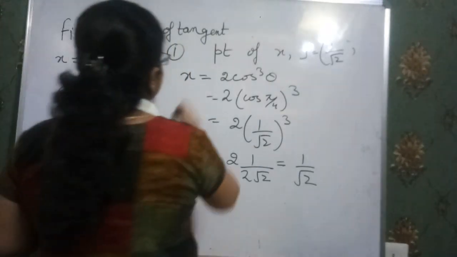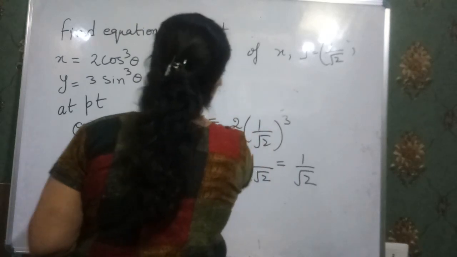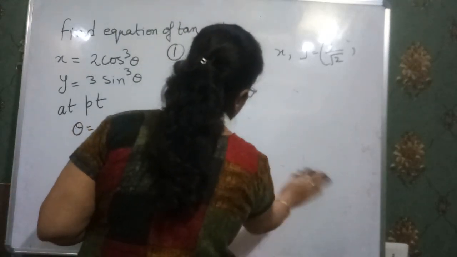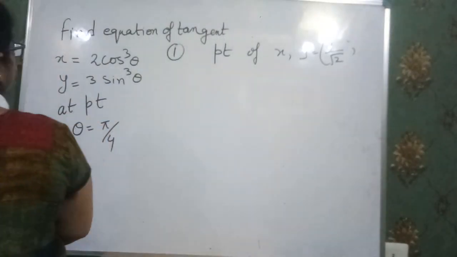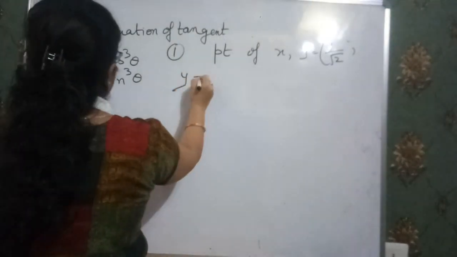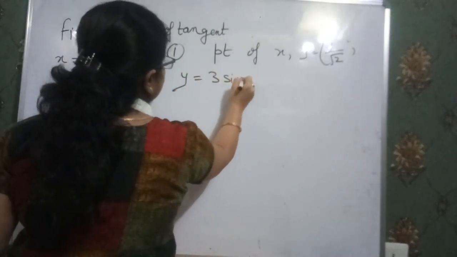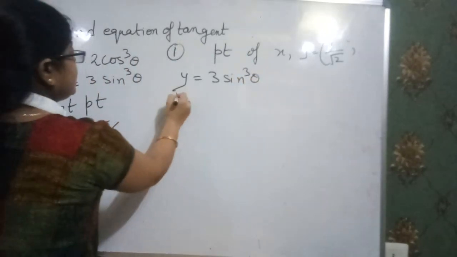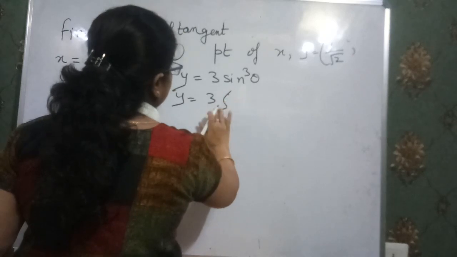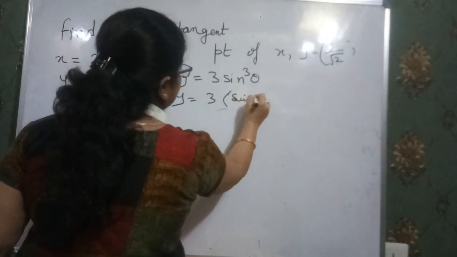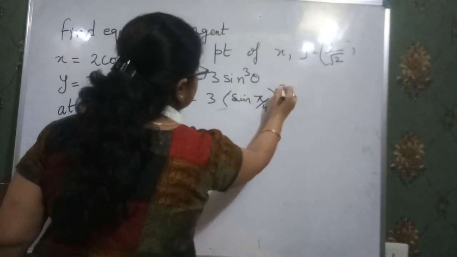Now similarly we find the value of y. Because in finding the equation of tangents and normals we must have some 2 points, firstly we have to find the 2 points. y is equal to 3 sin cube theta. Again theta is pi by 4, so we write sin pi by 4 to the power 3.